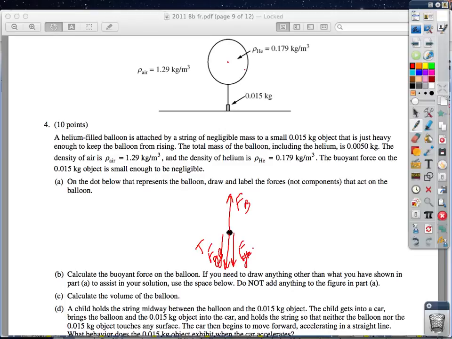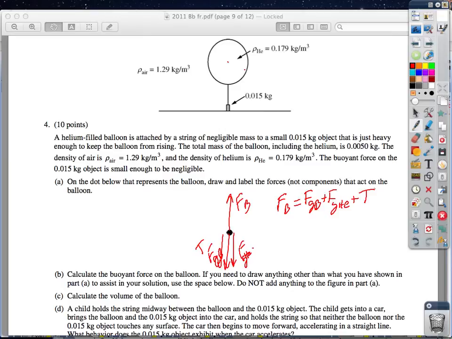And then calculate the force on the balloon. So then Fb is going to equal Fg of the balloon plus Fg of the helium plus the tension. Hopefully they give us the tension? Oh no. Oh, there's a little tiny object that represents the balloon.